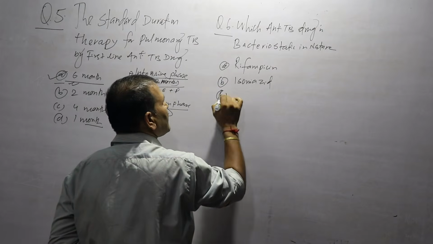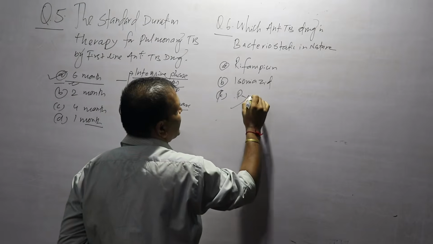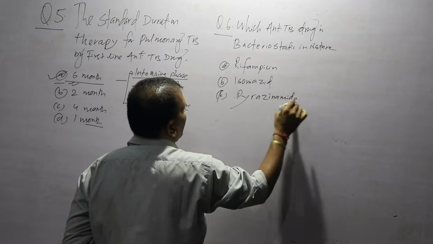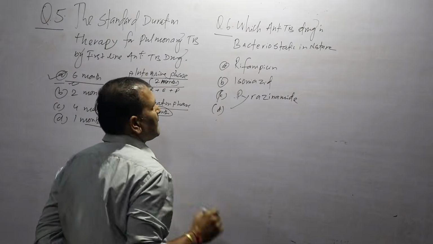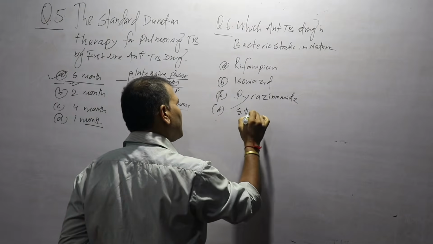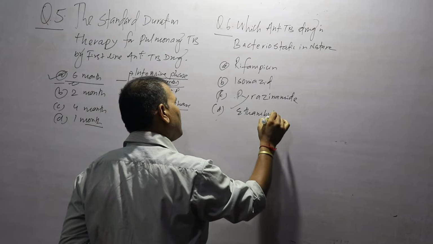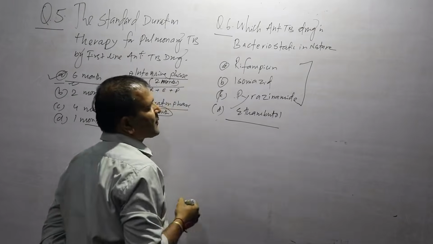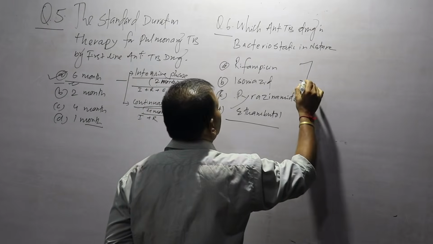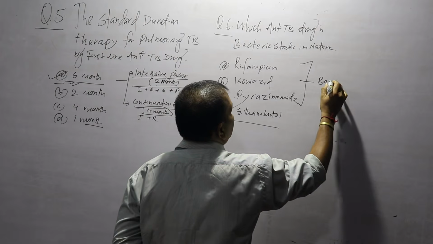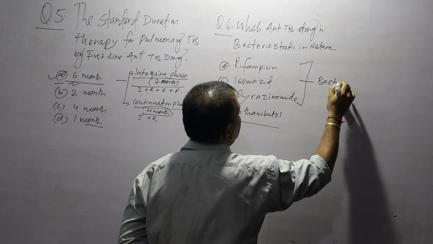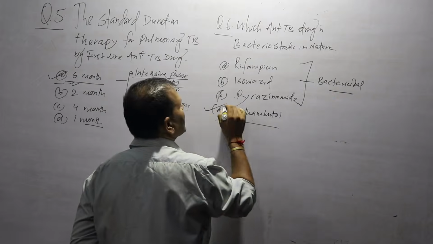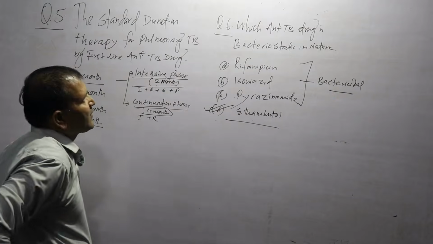C, pyrazinamide. D, ethambutol. Among all the options, A, B, and C have bactericidal function except ethambutol. So we take ethambutol.